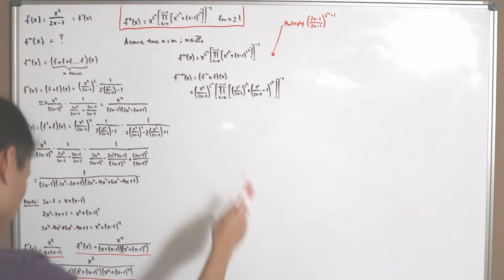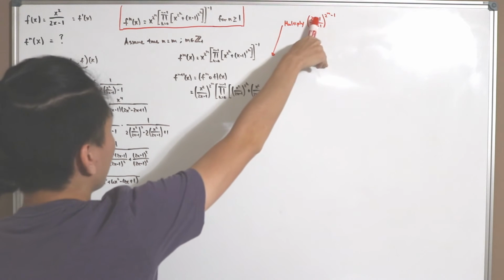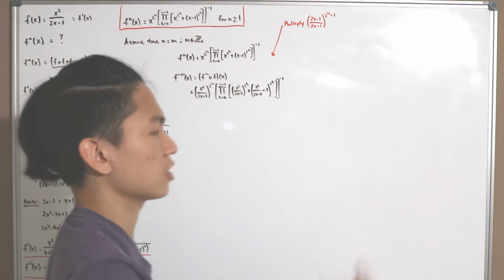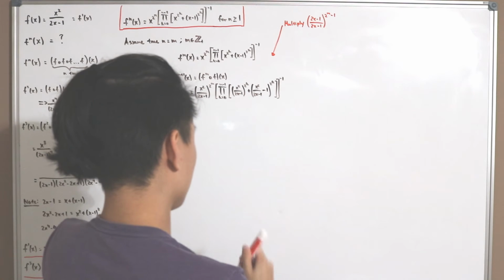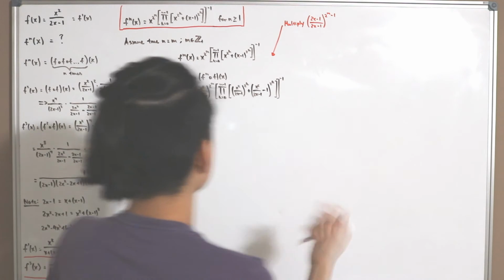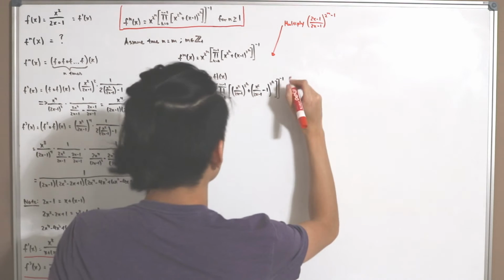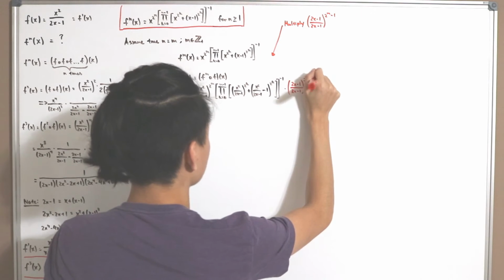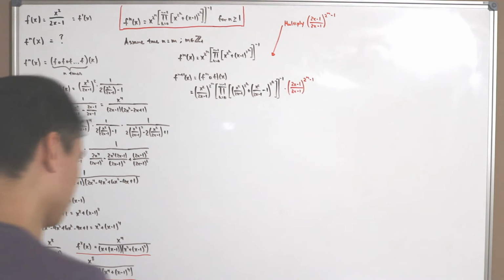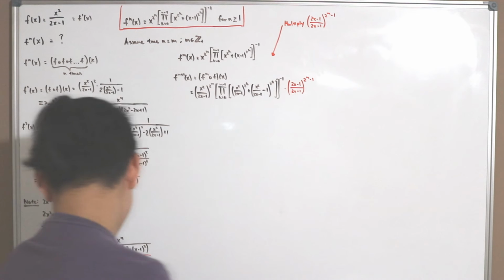That way it's still equal to 1 if you just cancel the terms out. So like I said, the equation still preserves. I'll even put m minus 1. Okay, nice.